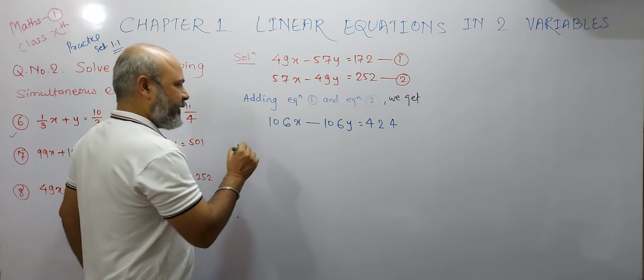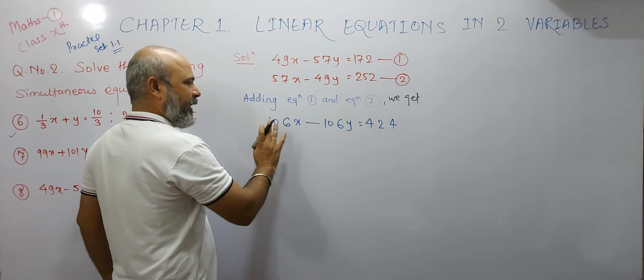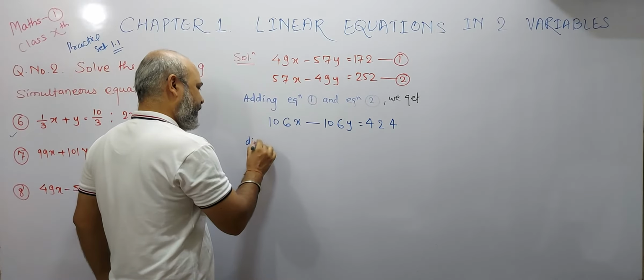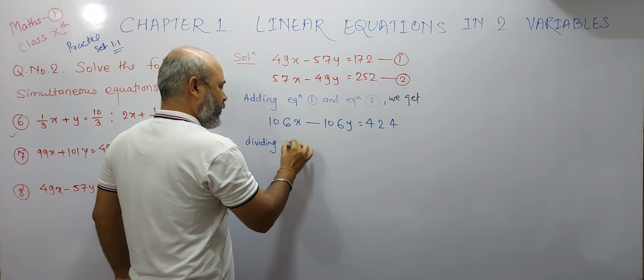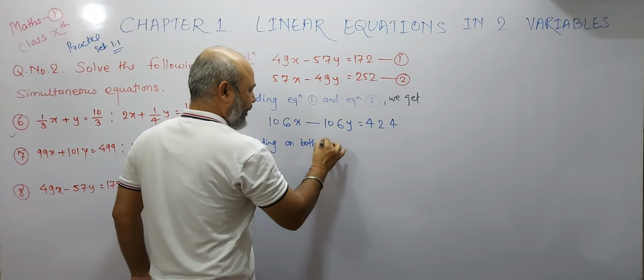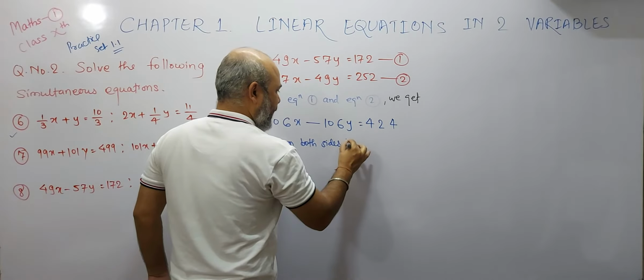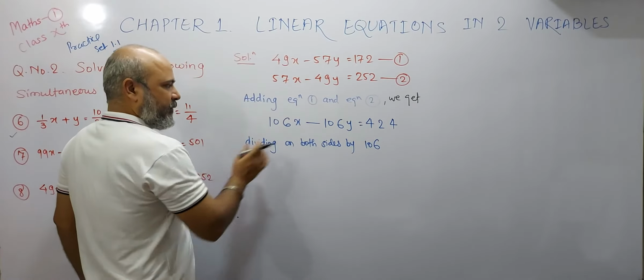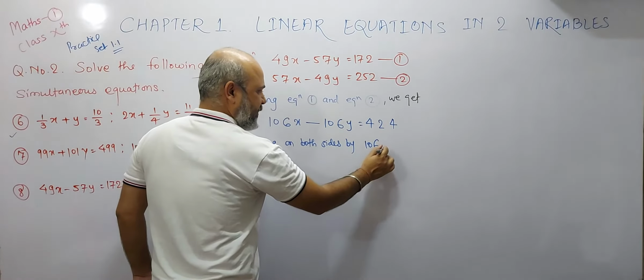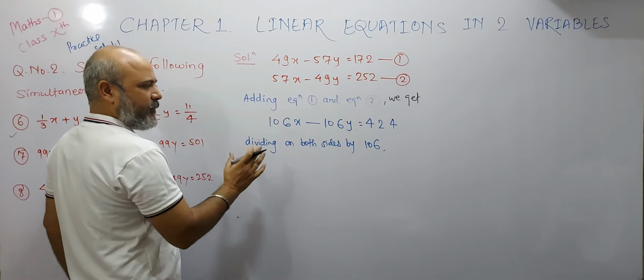Now you will divide each term by 106. So dividing on both sides by 106. Each term is divisible by 106, therefore you divide each term by 106.